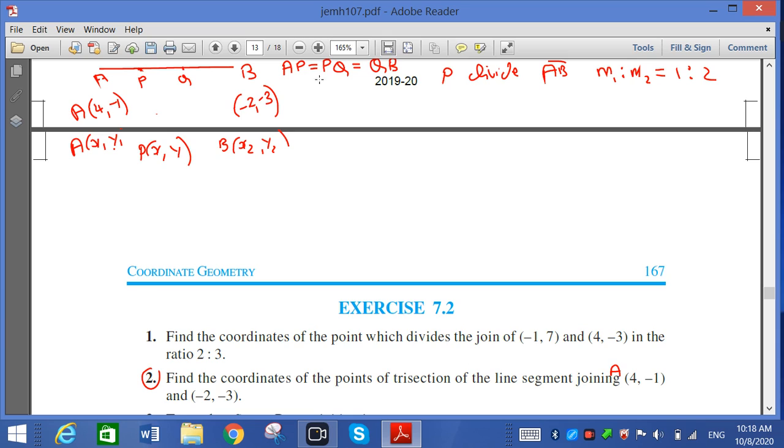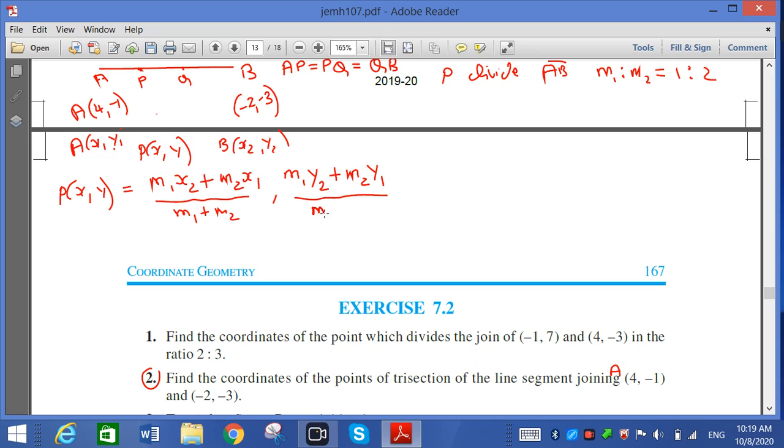Now what we have to find out? We have to find out the coordinate of P. So P (x, y) is equal to, again the section formula, (m1 x2 plus m2 x1) upon (m1 plus m2), comma, (m1 y2 plus m2 y1) upon (m1 plus m2).